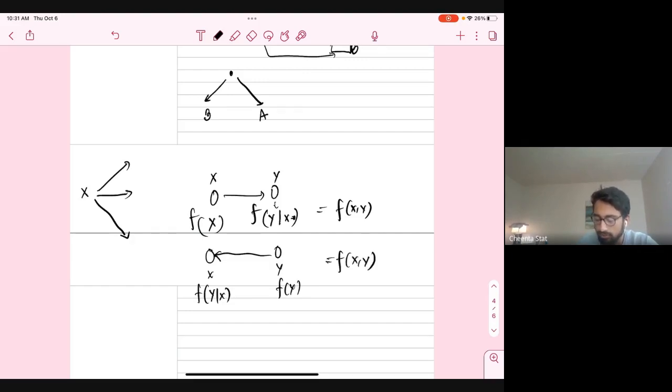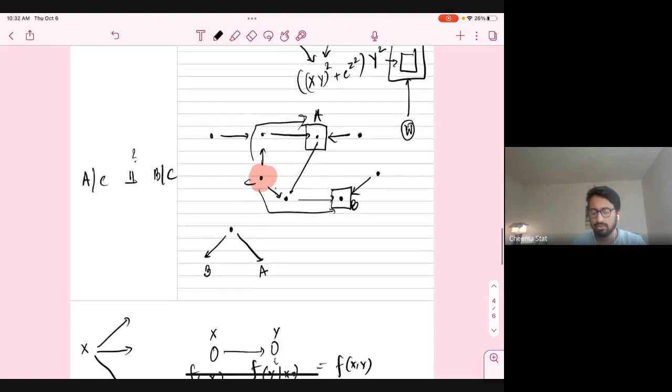The product of this gives this. Essentially, this structure also gives rise to a joint distribution, where you multiply the corresponding probabilities to find the joint distribution. That's what it's telling. Did you understand?